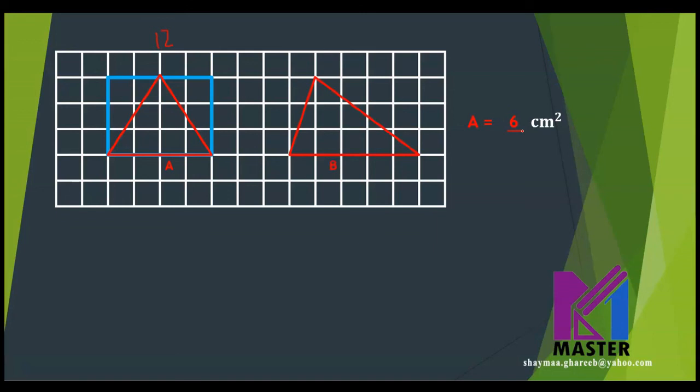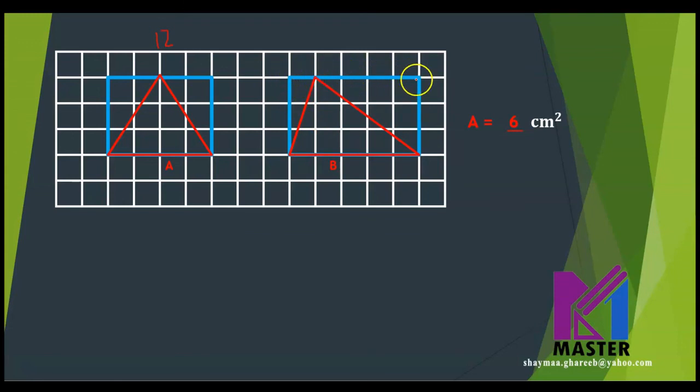Look at the second triangle. What is the area of this triangle? I will draw the rectangle around it and check for a common side. We have a common side, and the three vertices are on the rectangle. Then the area of this triangle will be half the area of the rectangle.